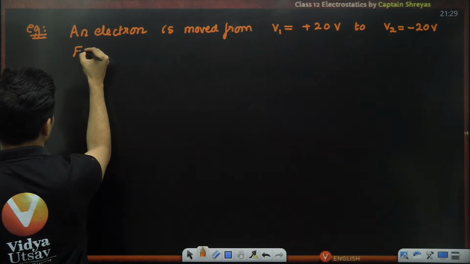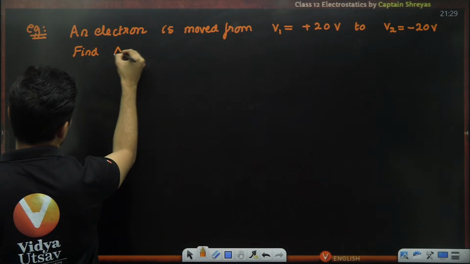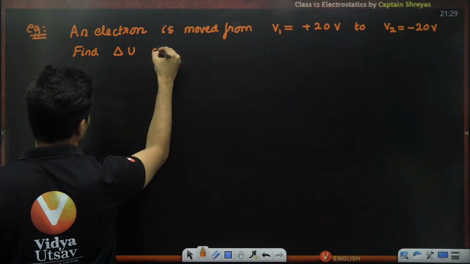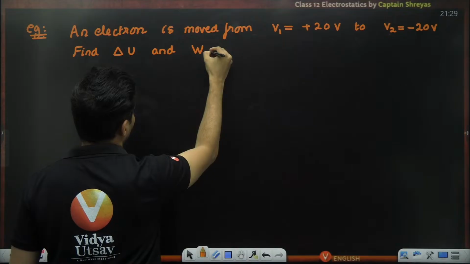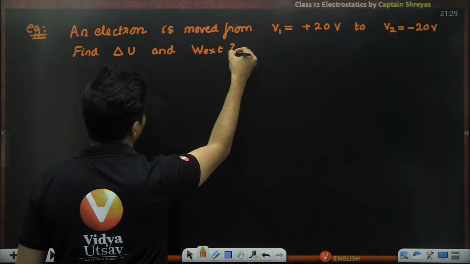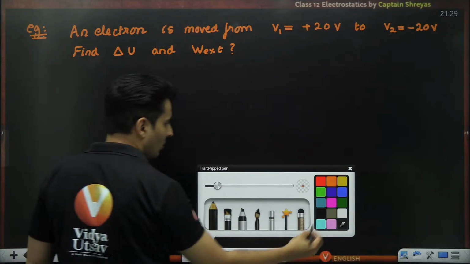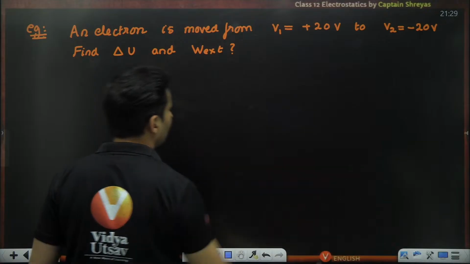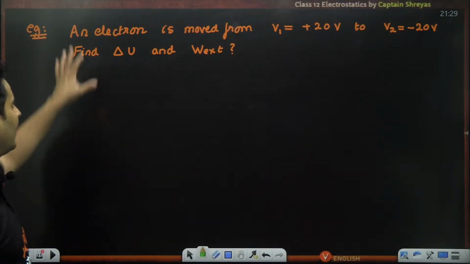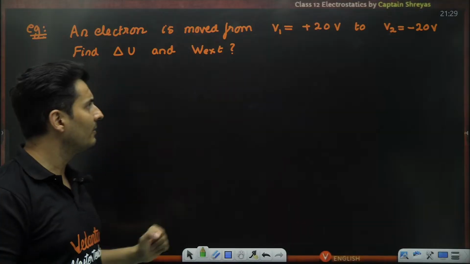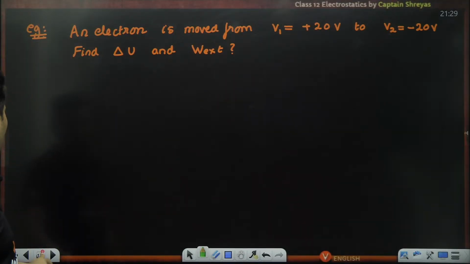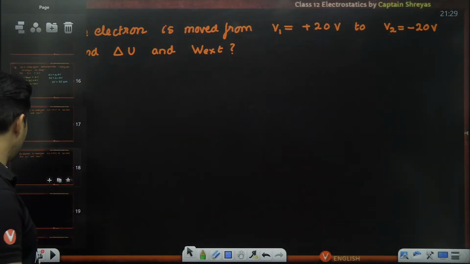The question is, find the change in the potential energy and what is the work done by the external force in this case? An electron is moved from this point to this point whose voltages are given. What is the change in the energy and the work done in this case?